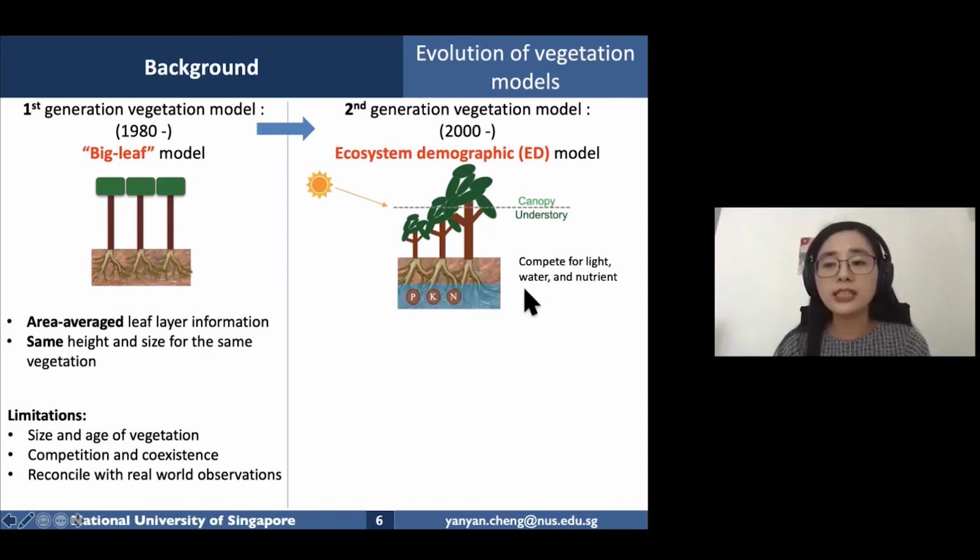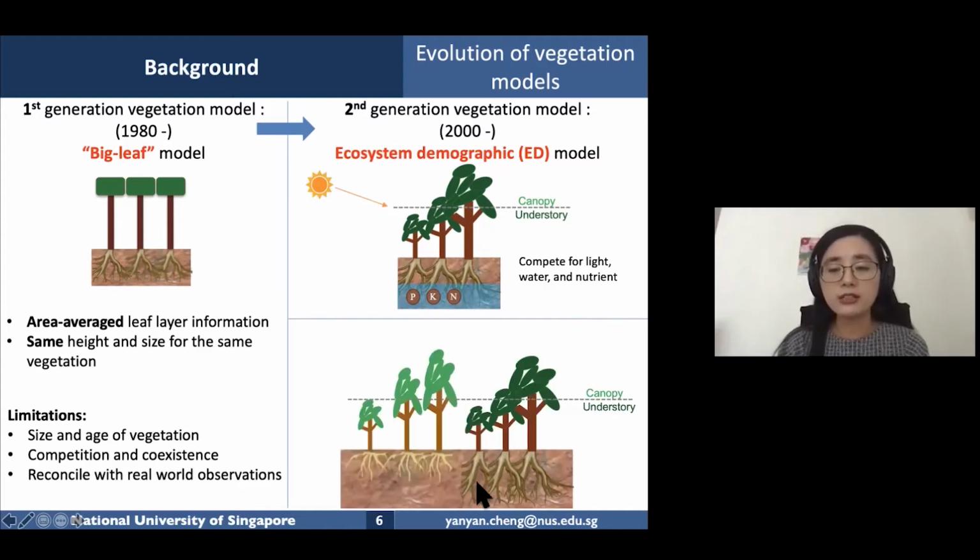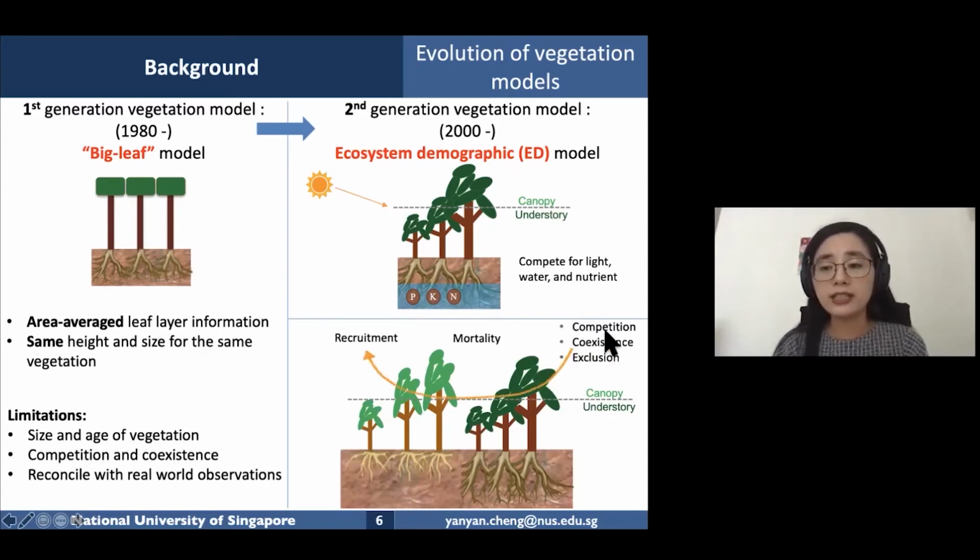And they can also compete for resources in the soil, such as water and nutrients. Besides just modeling one vegetation type, it can also simulate different kinds of vegetation, their competition and the resulting coexistence or exclusion of each other, and also their mortality and their new recruitment.